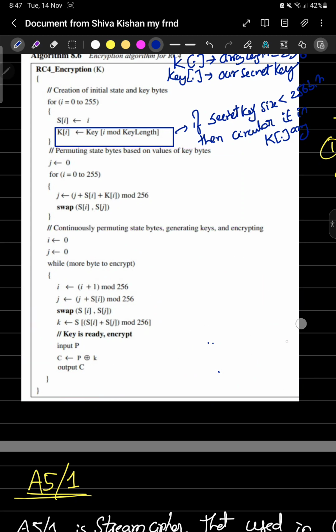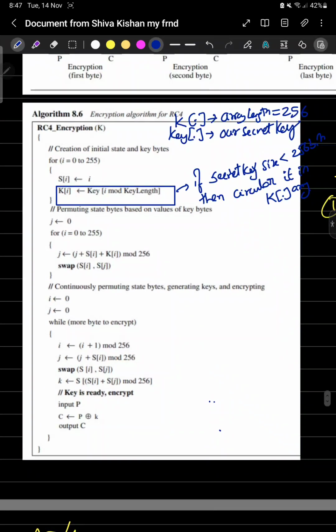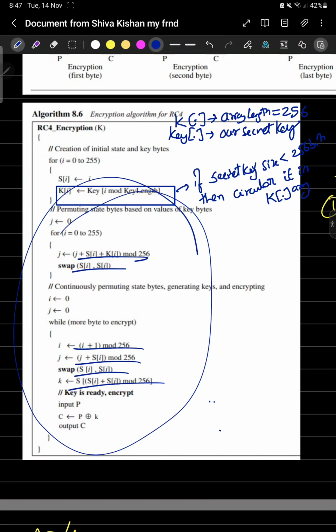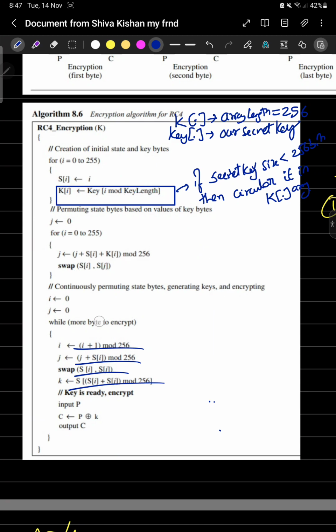So this is all about RC4. Very simple. You just need to understand the simple terms, so that whenever sir gives this code and asks you to compute the value of s of 2 after 2 iterations, meaning you perform this loop 2 times, it is simple.